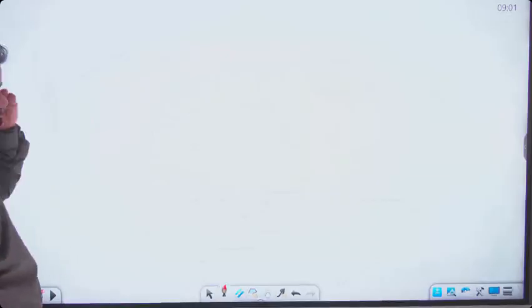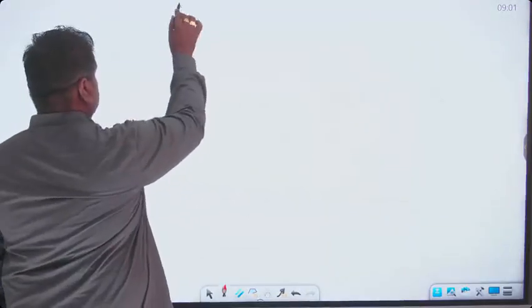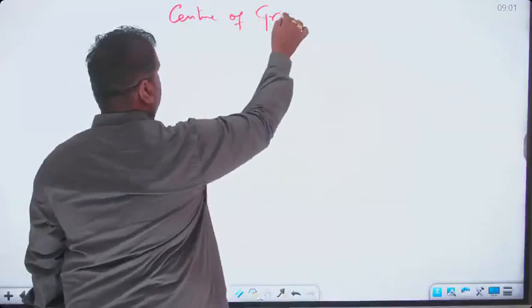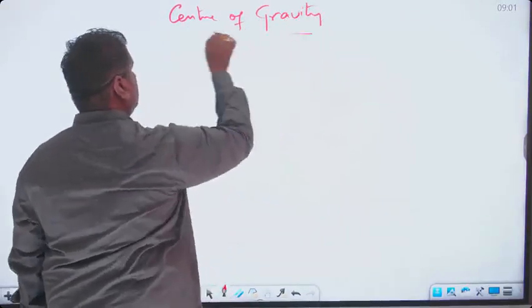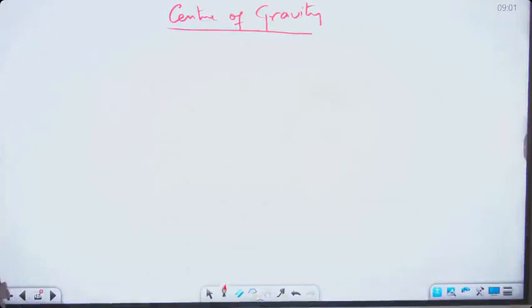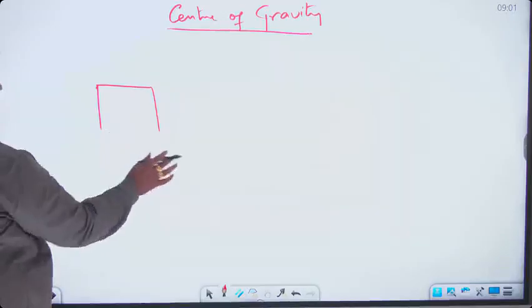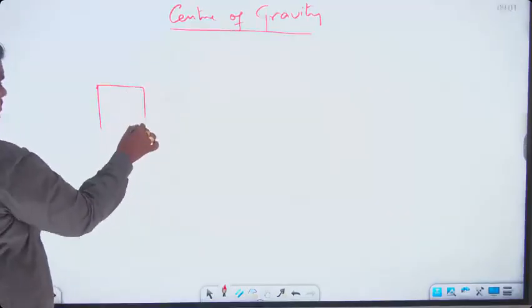So that is about the case of the energy. Then we talk about the case of center of gravity. Now, suppose that you talk about, or else you compare two different objects.